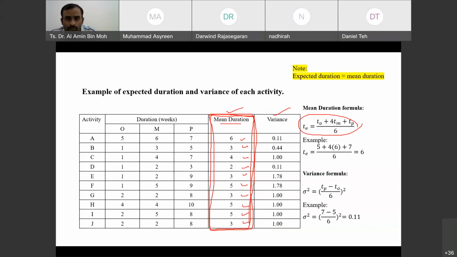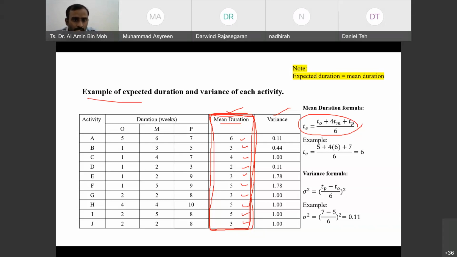I don't want to draw the network diagram here, so I believe you should be able to draw it later on. This is just for the purpose of the example. Did you get how to get this mean duration? This is what you're going to use.